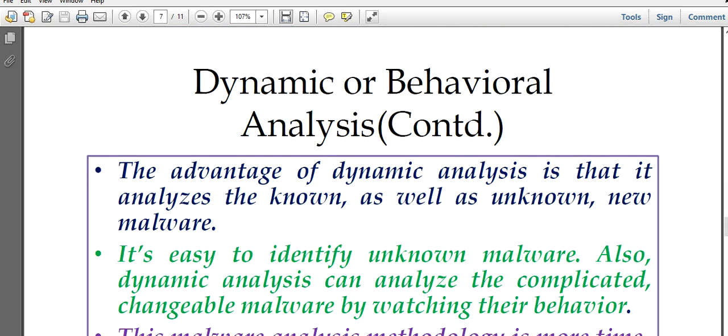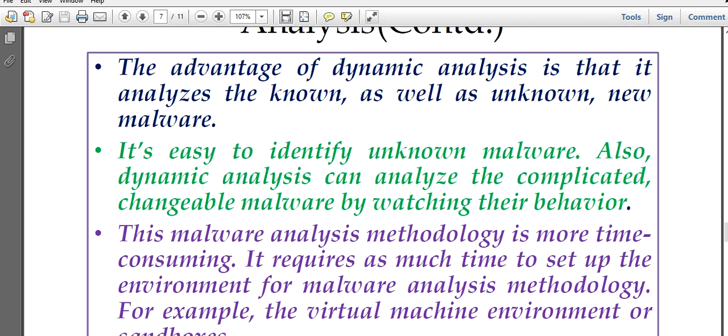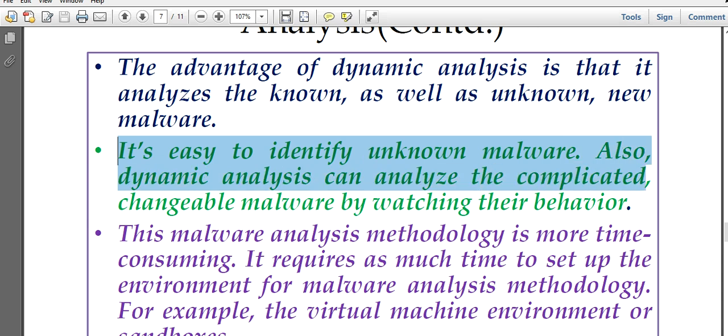So what are the advantages of dynamic analysis? The advantage is that it analyzes known as well as unknown new malware. As this is done at the time of execution, you may face known as well as unknown malware, and it's easy to identify the unknown malware. Also, dynamic analysis can analyze complicated changeable malware by watching their behavior.